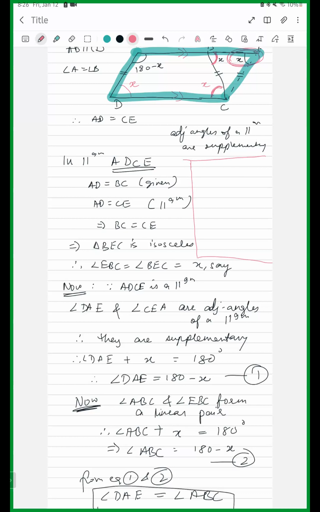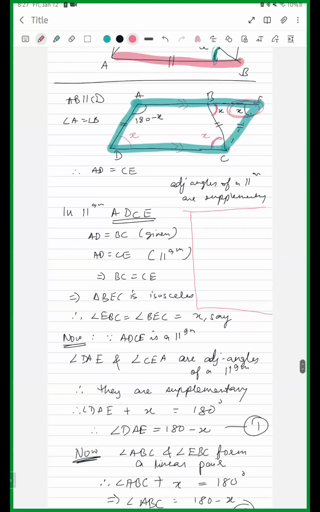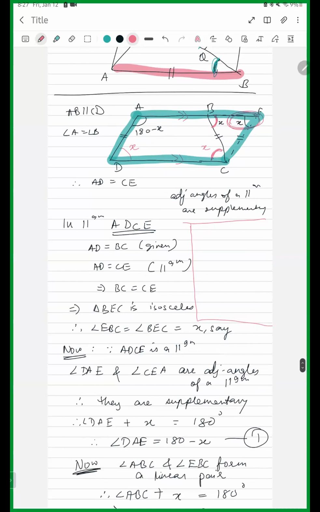Yes, ma'am. Okay. So the next part of the question says prove that triangle ABC is congruent to triangle BAD.